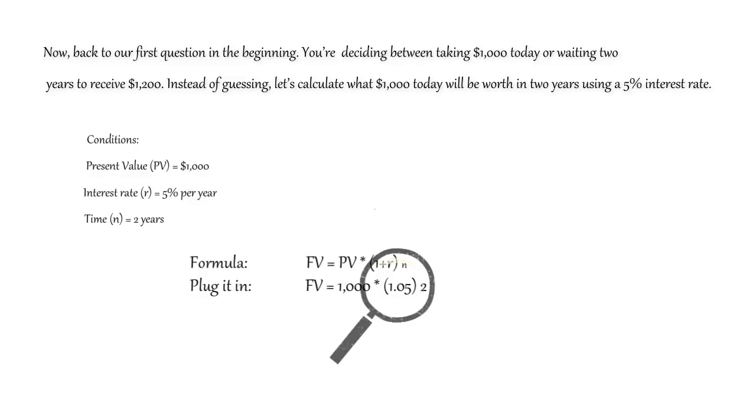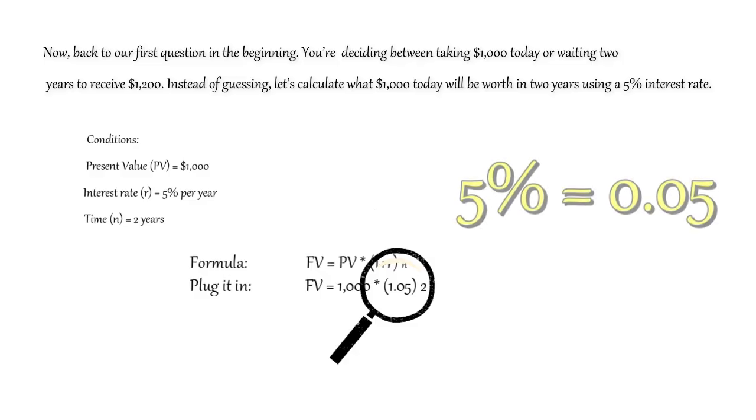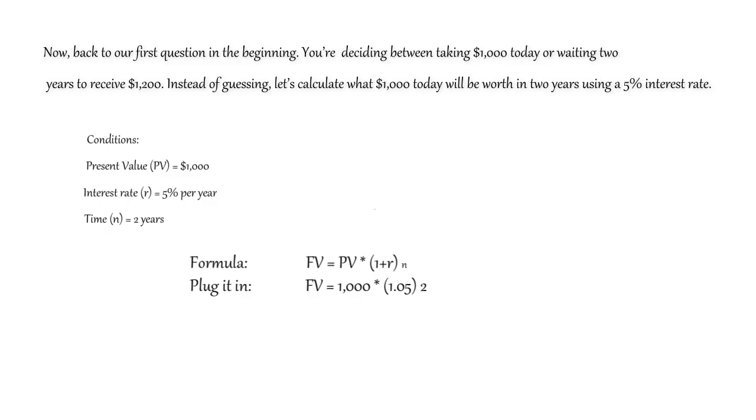Now please take note that R is for the interest rate and a 5% interest rate is 0.05 in the equation, not 5. A lot of people make mistakes from this, so just be careful in your computations.